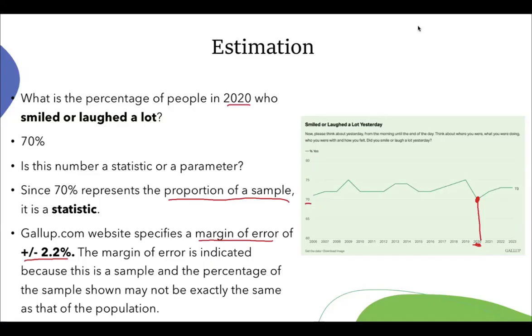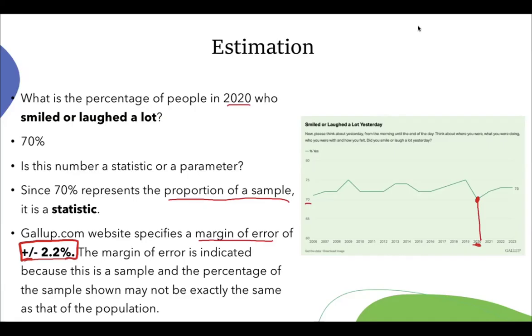So 70% reflects the sample, but the true population percentage of people who smiled or laughed a lot may not be exactly 70. So we have this margin of error to account for that possible variation.